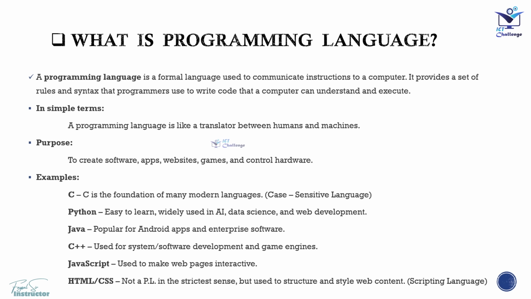We have a language that we can communicate to each other, and also if we want to communicate with the computer and if we want to give a command to your computer, then we have to know a programming language. So a programming language is a formal language used to communicate instruction to a computer.